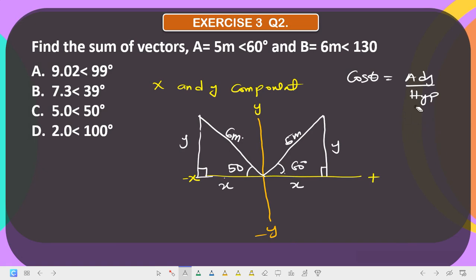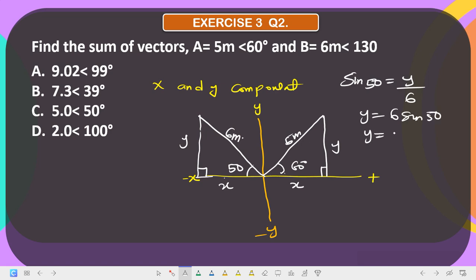Now, let's look for the y component. What are we going to have? The y component will be, sine 50 is equal to y over 6, and then y will be equal to 6 sine 50. Why? Because the angle here is 50 degrees.